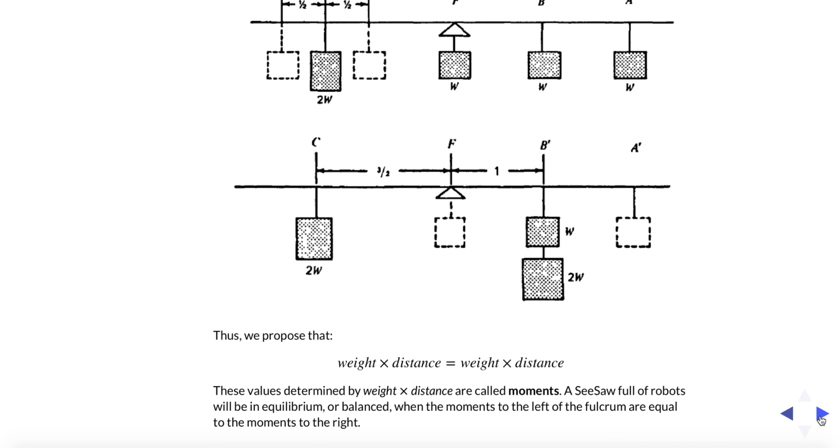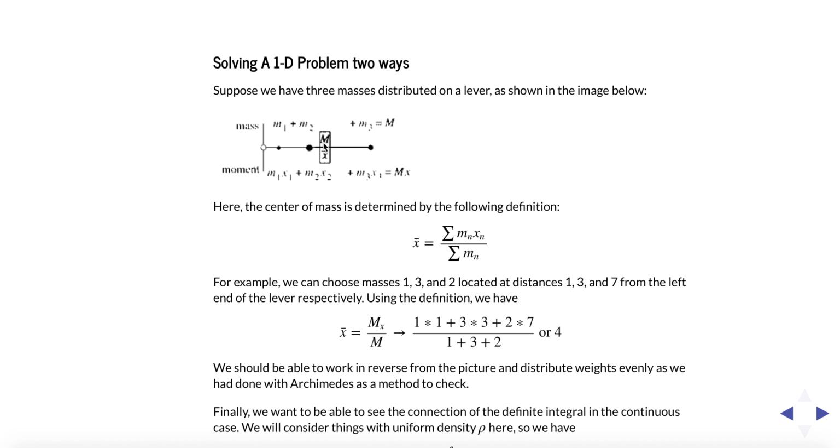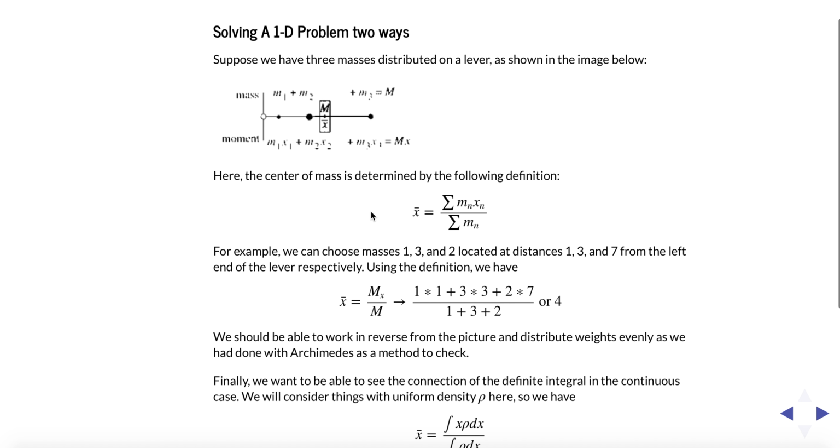But if we have more than one on each side, then we're going to phrase this a little differently. Now what we're looking for is where the average of the moments would be, an average being the sum of the moments over the total mass of the system.